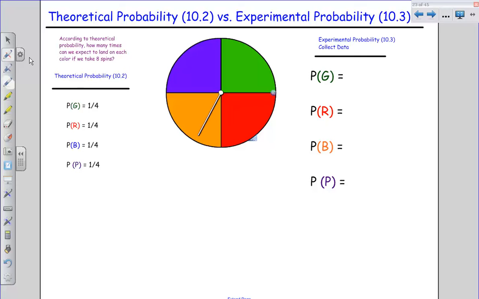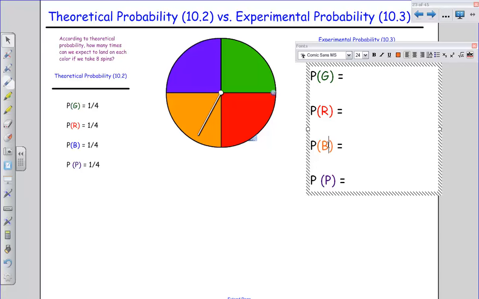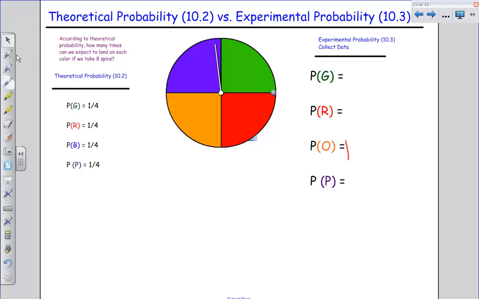Spin 1, I land on, oops, that should be an O. Spin 1, I land on orange. I have no idea why I put blue. That should be an orange. Spin 2, I land on purple. Spin 3, we land on red.